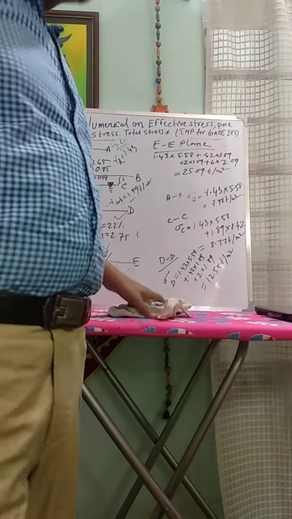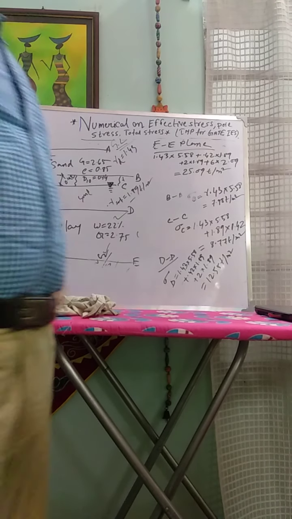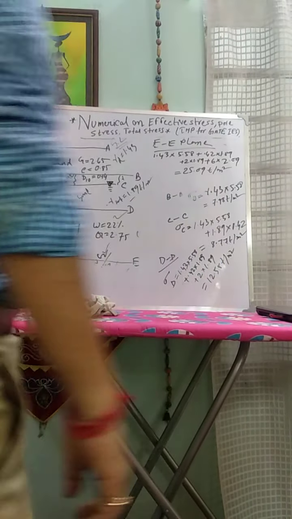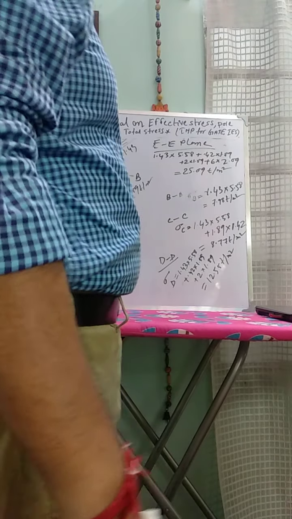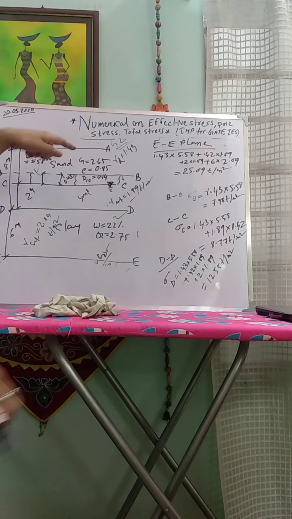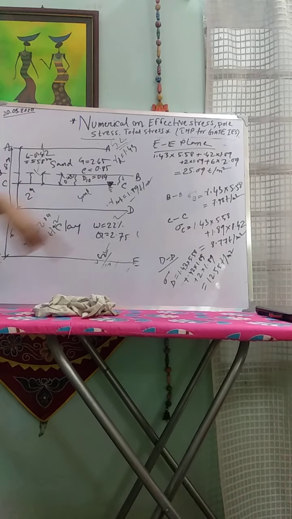Now we have calculated the total stress of the AA plane, BB plane, CC plane, DD plane and E plane.